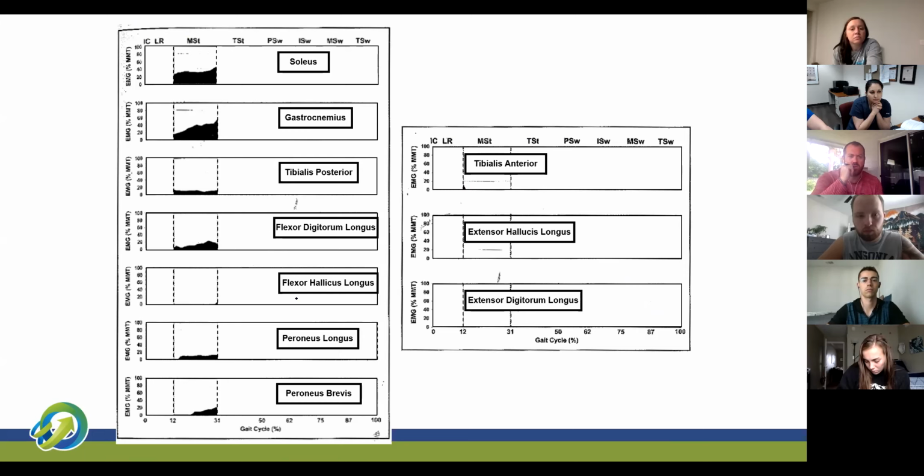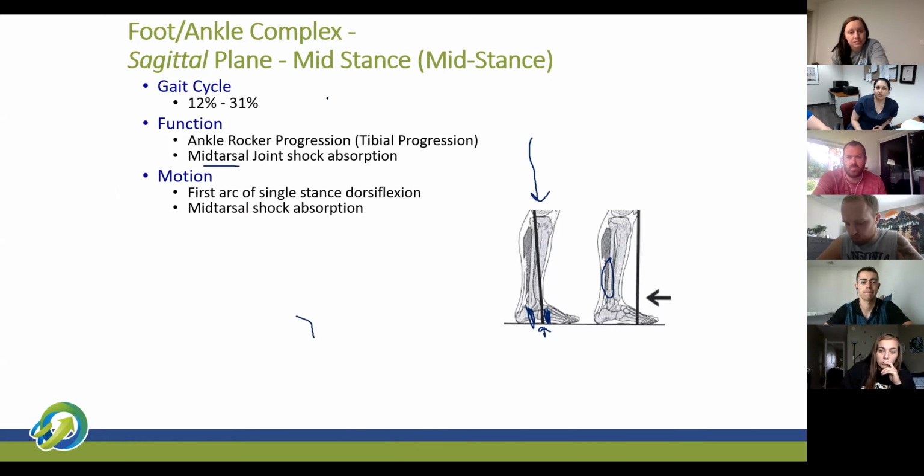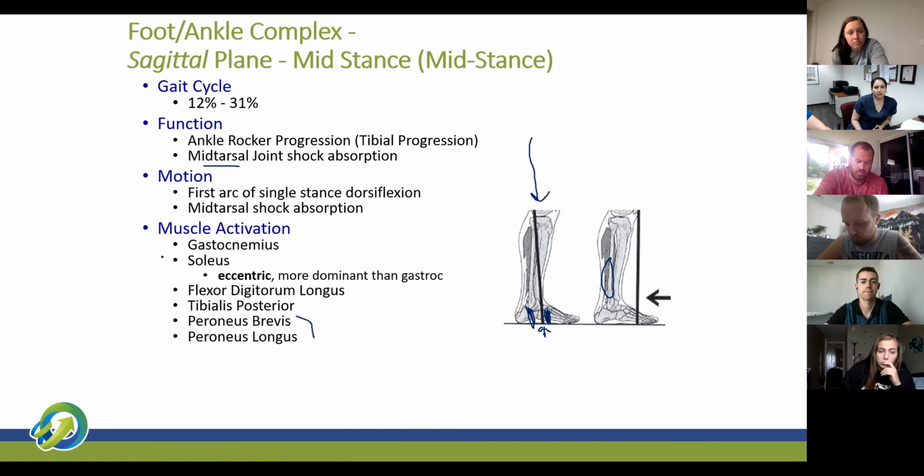So it's all going to be eccentric muscle activity from the plantar flexors to slowly allow the tibia to rotate anteriorly, the soleus being the main eccentric controller. And here the subtalar joint is going from pronation to neutral. So at mid stance, the subtalar joint is at neutral.